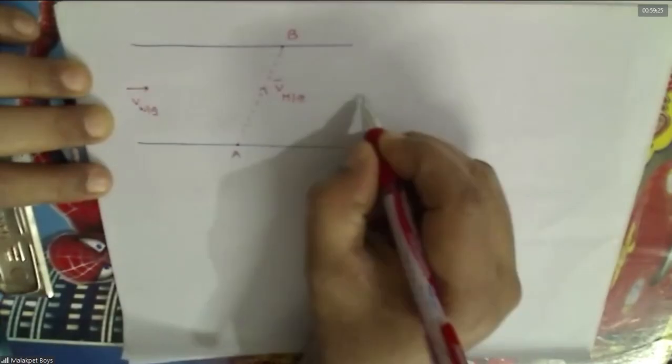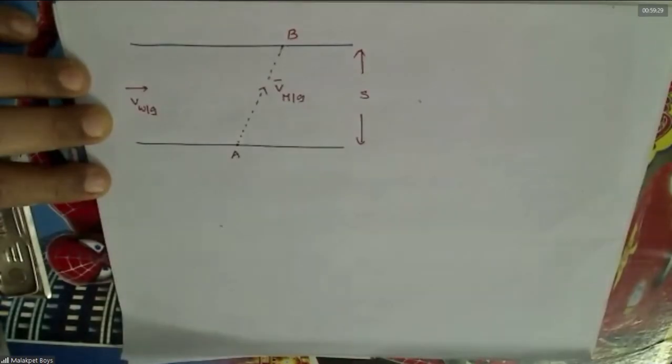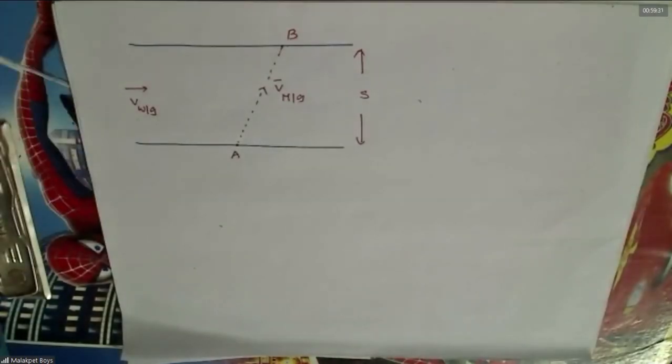Distance between the points is given as S. See, my simple question, just try to understand this. The velocity of river current is V. He has given this. What else has he given? Line AB makes an angle alpha. This is given.